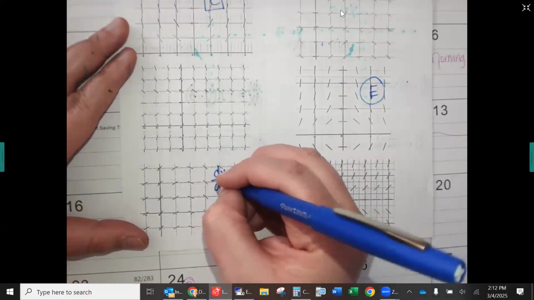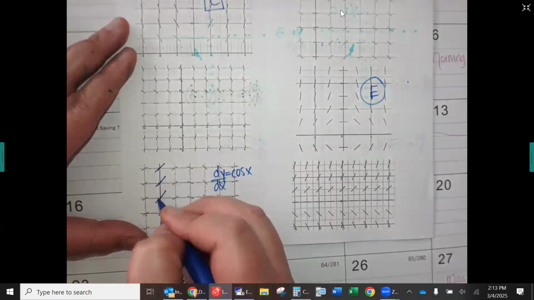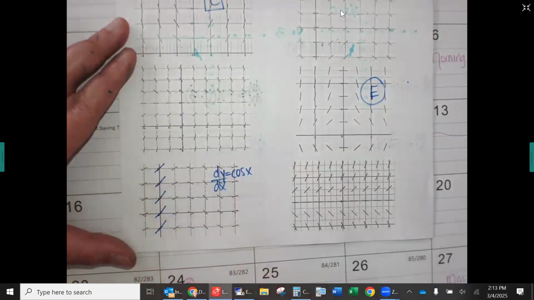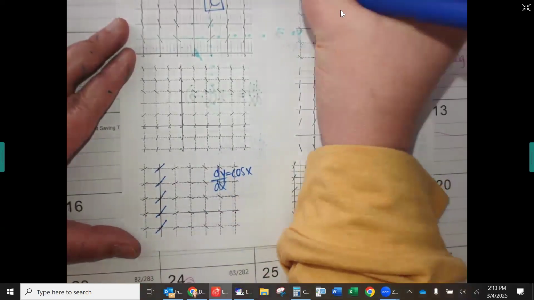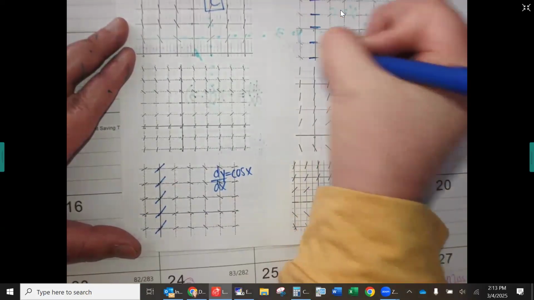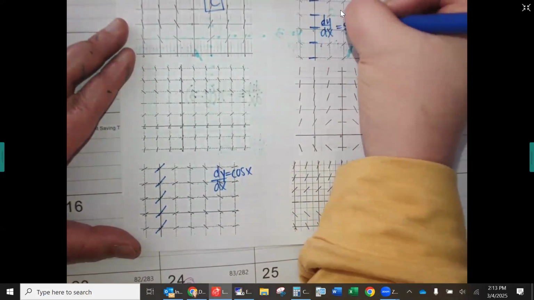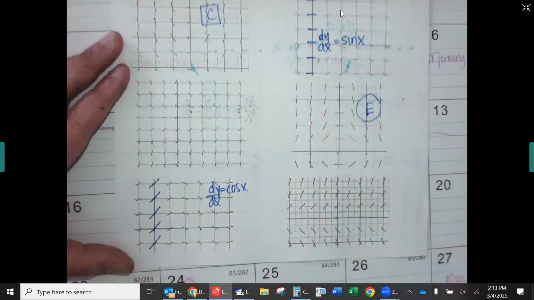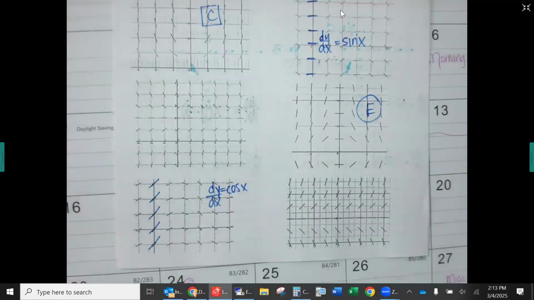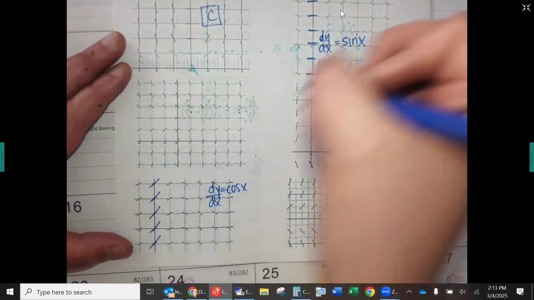The cosine of 0 is 1, and I can see that this one starts uphill, versus this one is sine because it is flat at 0. The sine of 0 is 0. That's why this one starts off flat versus the cosine of 0 is 1. This one starts uphill. So this has to be G.